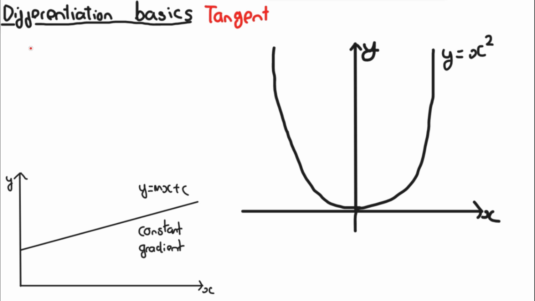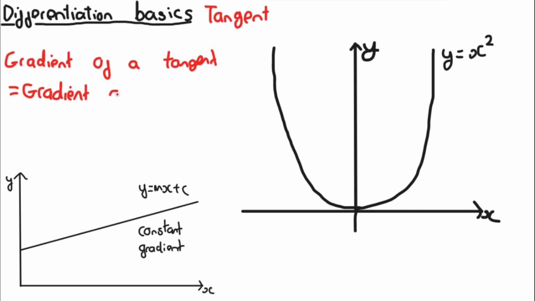Now, the key feature of a tangent is that the gradient of a tangent is equal to the gradient of the curve at the point it touches.